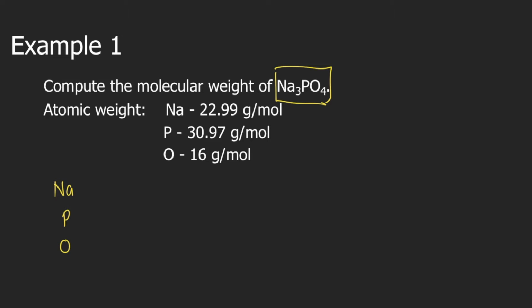The next step is to count the number of atoms of each element in the compound. So we have 3 sodium, we have 1 phosphorus. When the element has no subscript, it is assumed that the subscript is 1. And we have 4 oxygens.